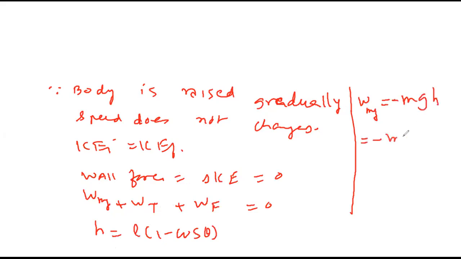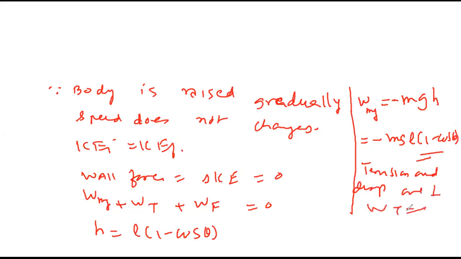That will be minus mg L into 1 minus cos theta, gravitational force. Tension is along the string and displacement is along the circumference. So tension and displacement are perpendicular.